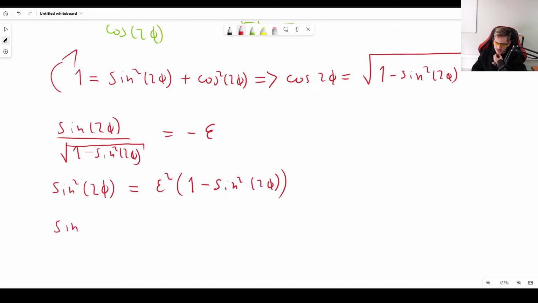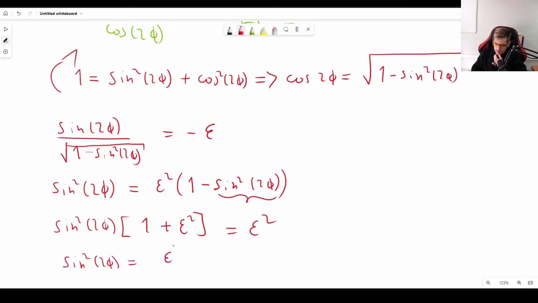So we get sine squared of 2 phi times 1 plus epsilon squared, right? Epsilon squared, of course, coming from this term. And this is equal to epsilon squared. So now we can solve for sine squared. So sine squared of 2 phi is epsilon squared divided by 1 plus epsilon squared.